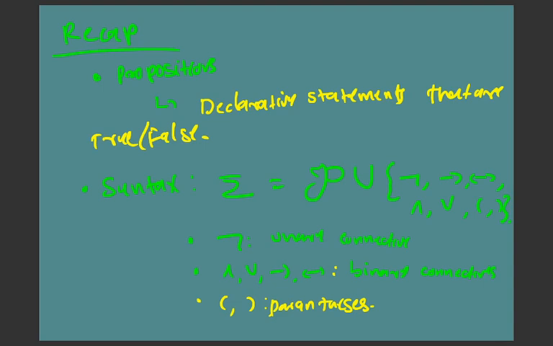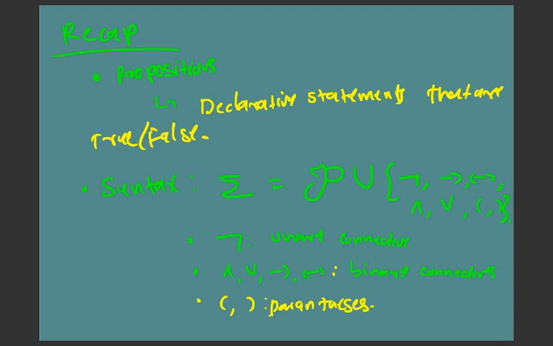These are 5 connectives. Then we have the left parenthesis and the right parenthesis. So these are the allowed symbols in our propositional logic formulas. So this is the syntax. So in the language we only have these things coming.